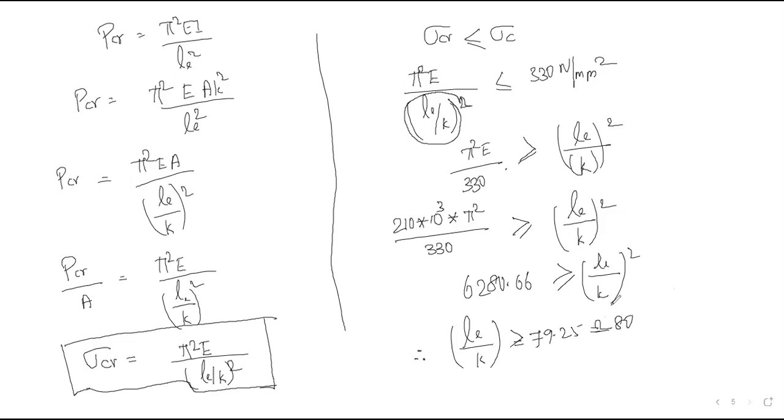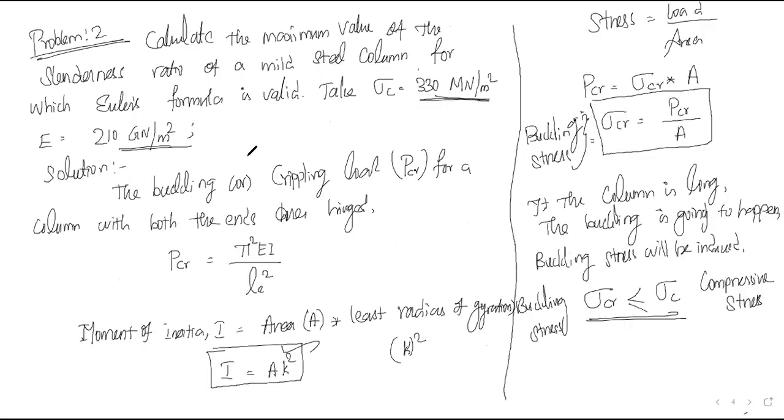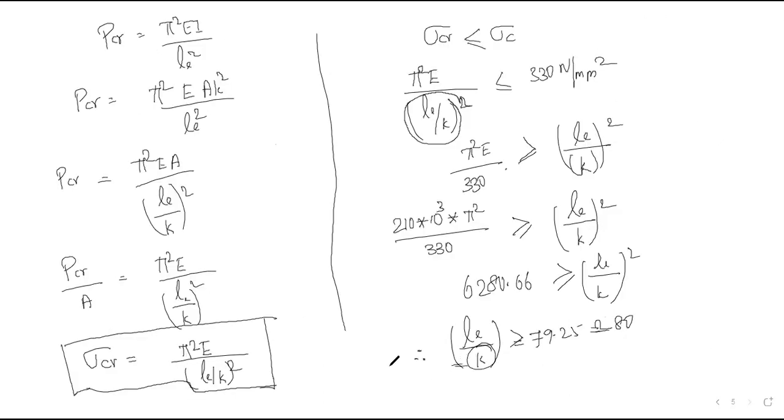So the slenderness ratio is L by K, or L by R, where K is the least radius of gyration. If this L by R value is greater than 80, then the particular column will be valid for Euler's column.